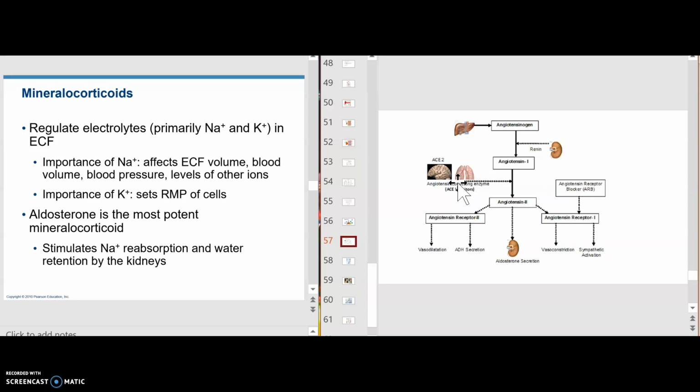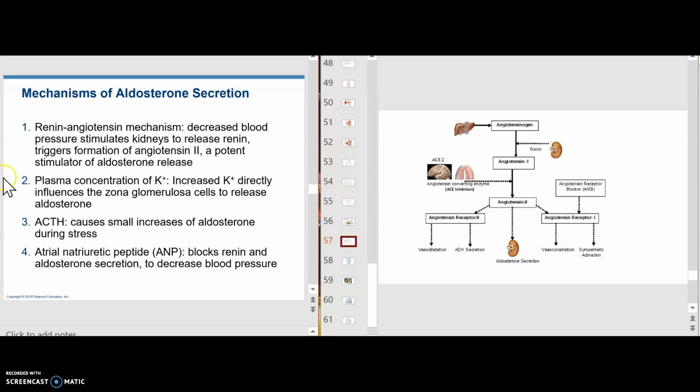We presented this in the blood vessel chapter when we talked about cardiovascular and intravascular water. And a lot of this aldosterone is tied to the renin-angiotensin system. That does not have to be, but a lot of it is.